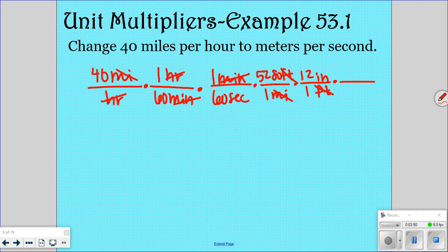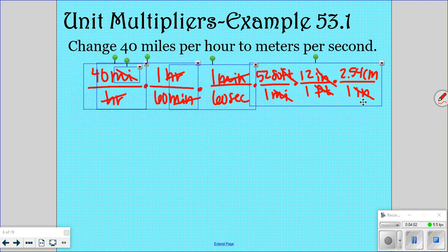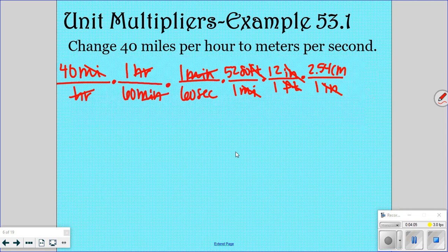And then we can go from inches, there's 1 inch to 2.54 centimeters, and that'll make the inches cancel. And then the last thing we can do is to go from centimeters to meters. So 100 centimeters to 1 meter, and then those will cancel.